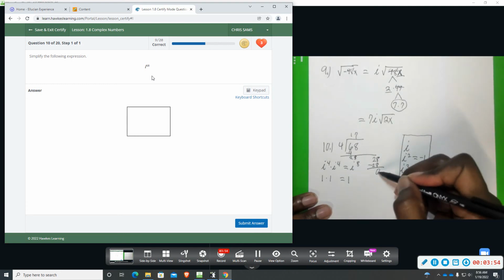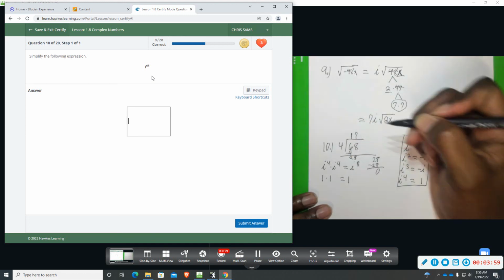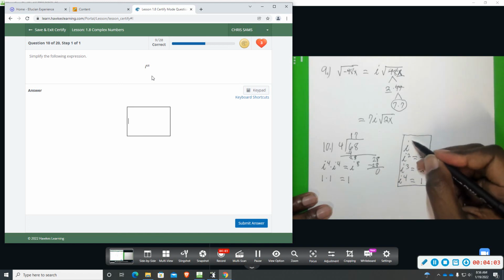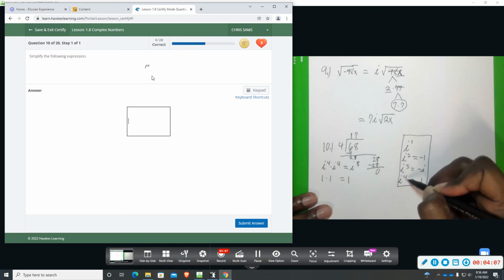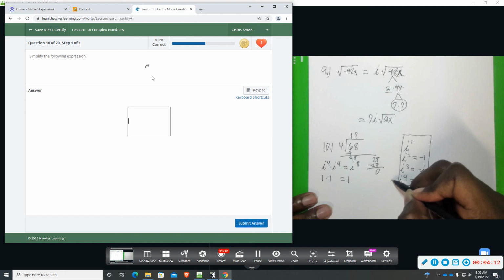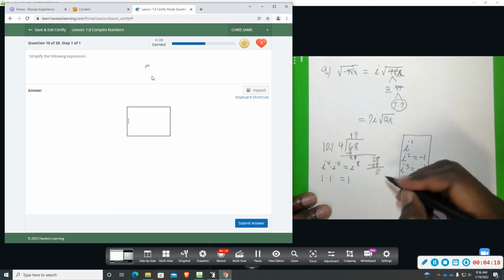So my remainder is 0, which means that this is just equal to 1. So these are basically telling you your remainders. If you have a 1, a 2, 3, when you get to the 4th, that's a 0. It's kind of like saying i to the 0 power, which is just equal to 1. Whatever your remainder is, that's the power of i you're dealing with.